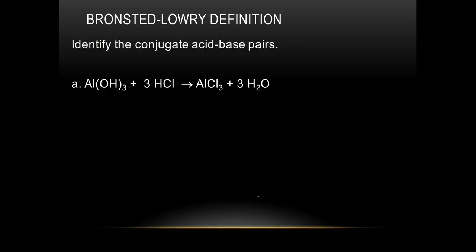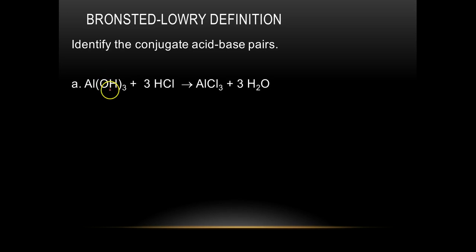So let's go ahead and do some examples. You'll get these reactions, and you're going to be looking for things that differ by a hydrogen. And so we have this aluminum hydroxide, that's a base, and hydrochloric acid. Now don't be confused, this aluminum is not really part of the acid-base reaction necessarily, so we're looking at the hydroxide here. What happened to the hydroxide?